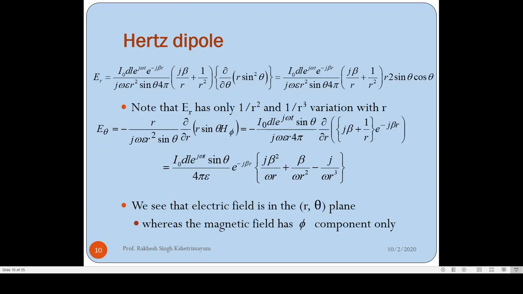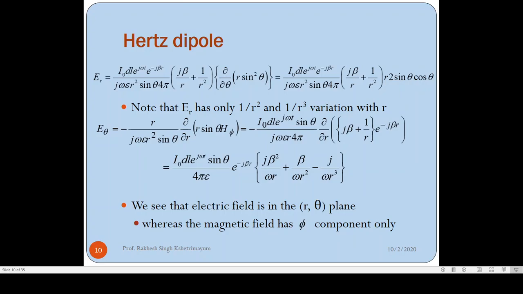What we'll observe is that electric field here has component along radial direction and theta direction. So radial direction component is like this, and theta component is like this. So here you can see that this r and r cancel out. What you have is r square and r cube term.